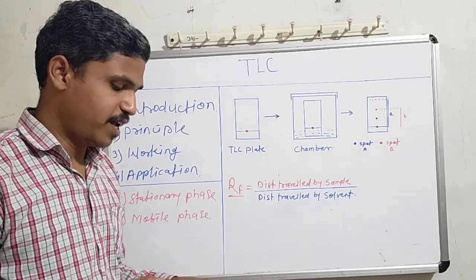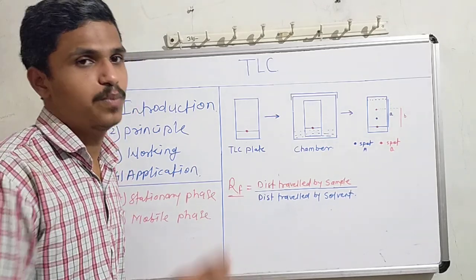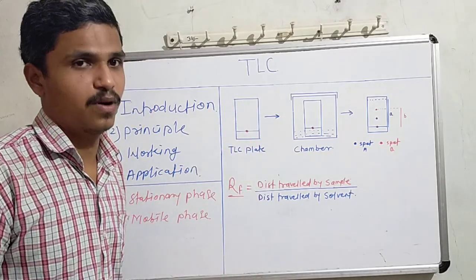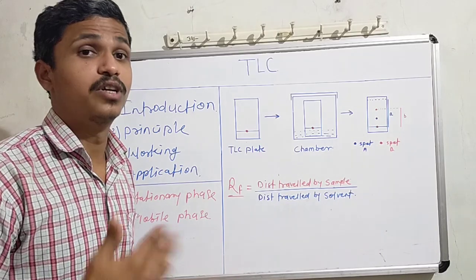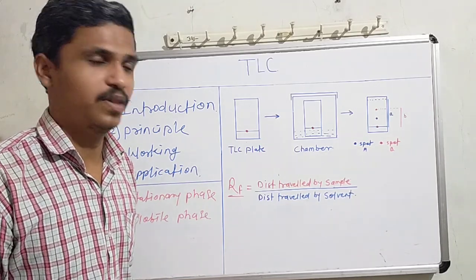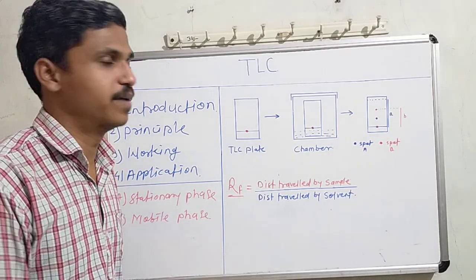Then with the help of the capillary tube, you have to take the mixture and put it onto the particular spot 2 or 3 times at regular intervals. Then wait for some time.